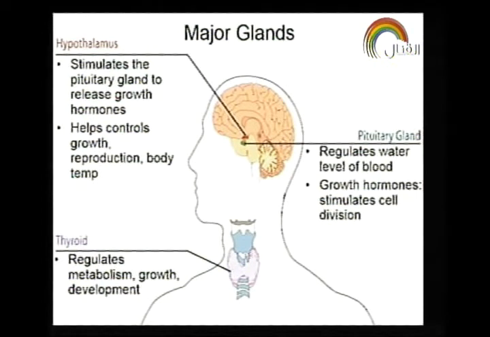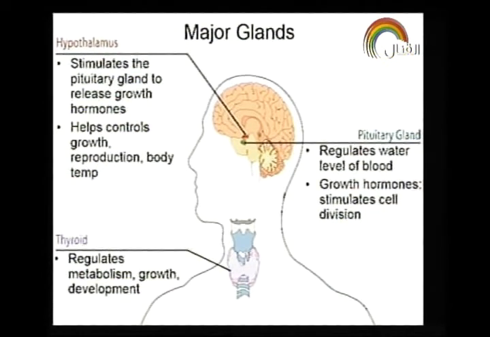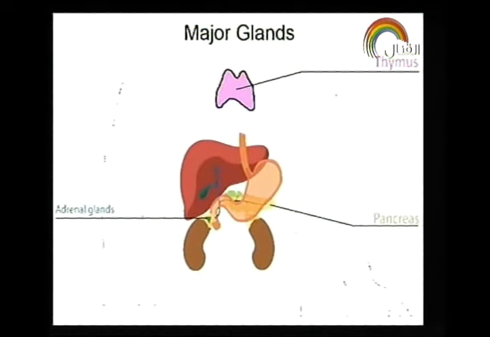We also have extra information about the hypothalamus area, which stimulates the pituitary gland to release growth hormone. And also we have the pancreas and adrenal glands.